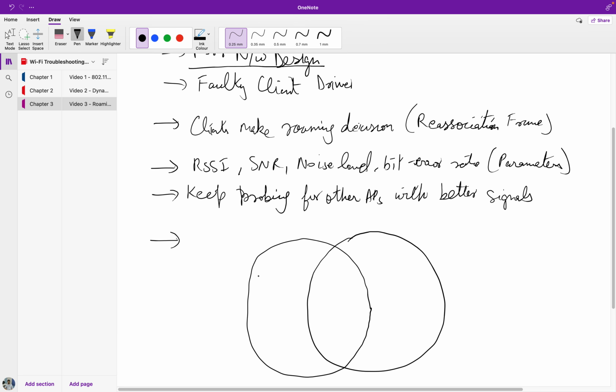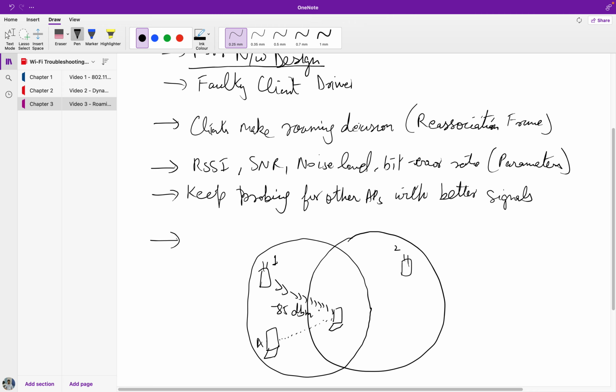So one AP is here, another AP is right here, and there is this client that was earlier here, client A, connected to the access point just fine. This is access point number 1, and this is access point number 2. Now the client slowly walks to this area and reaches this place where the signal with this access point grows really bad and gets to minus 85 dBm, for example.